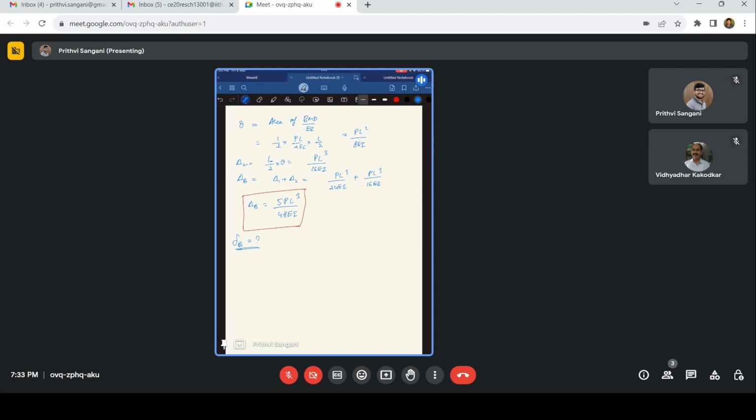Now solve for the support reactions. That is the question here. Let me again use the same concepts which we used so far. In this question, what was given? EI is constant in all the beams.